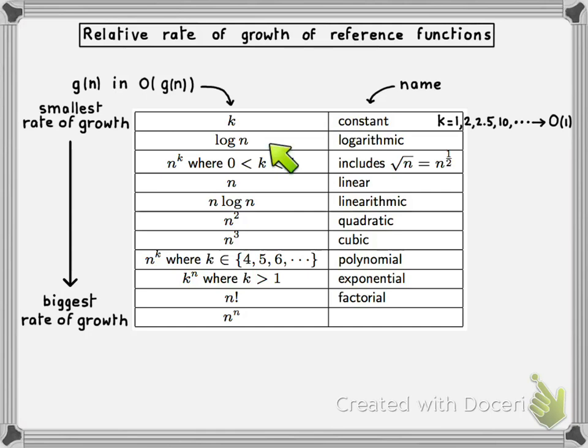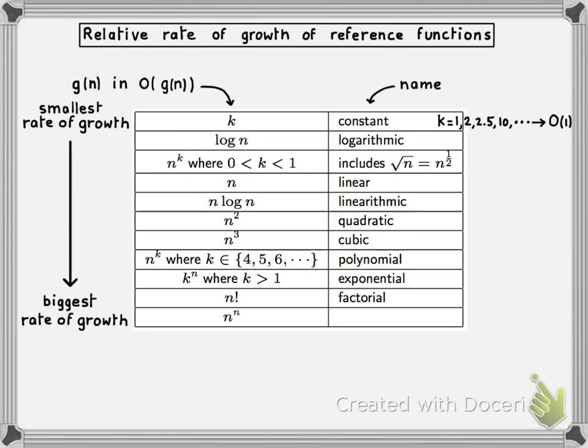Remember the logarithmic function is very slowly increasing. When you double the value of n, you increase the value of the logarithm base 2 of n only by 1. Remember that when we don't indicate the base of the logarithm, we always mean base 2.